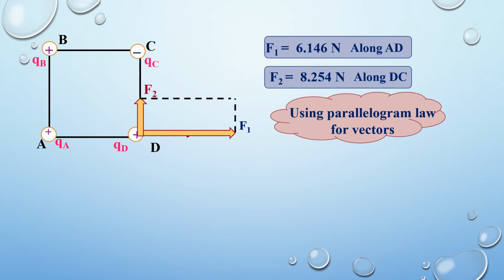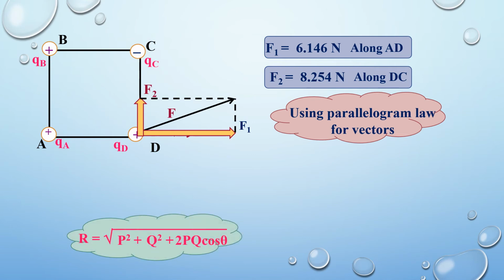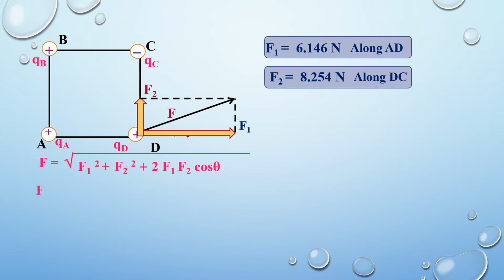So we'll construct a parallelogram, draw a diagonal from the point where the two forces are joining, and this resultant force will be represented by F. Here I'm using this formula: R is equal to root of P squared plus Q squared plus 2PQ cos theta. Remember, theta is the angle between F1 and F2. So F is equal to root of F1 squared plus F2 squared plus 2F1F2 cos theta.